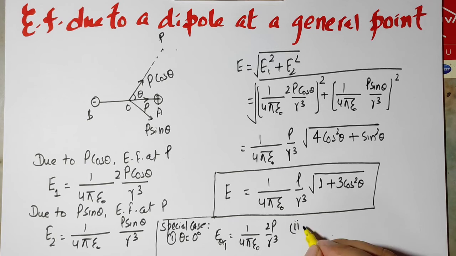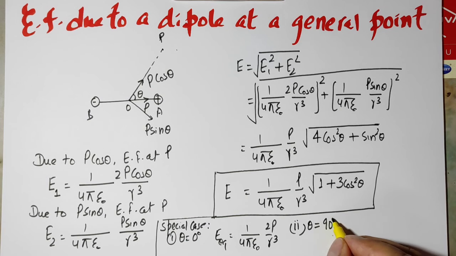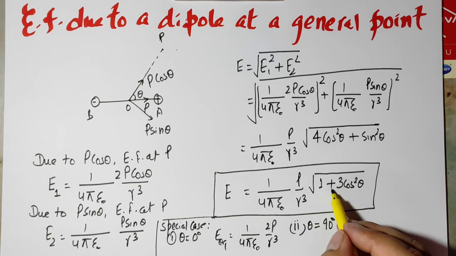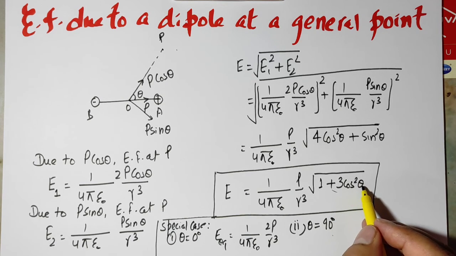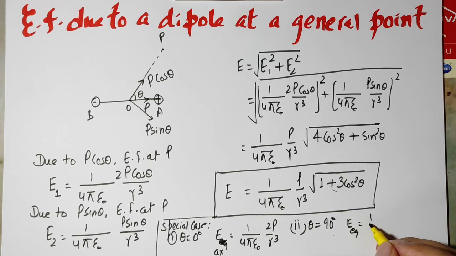Second, at equatorial position we have theta 90 degree. So when theta is 90 degree, just ignore this thing, because cos 90 is 0 and we have only 1, so that leaves us with 1 upon 4 pi epsilon naught p upon r cube. That was axial, this is equatorial.